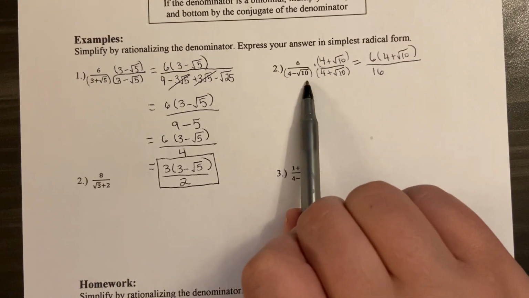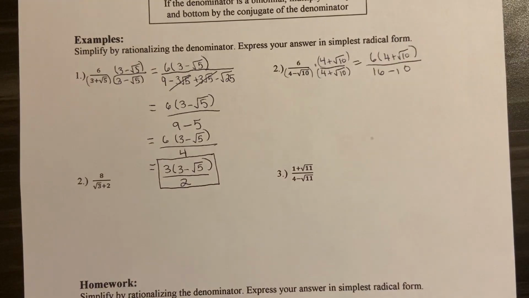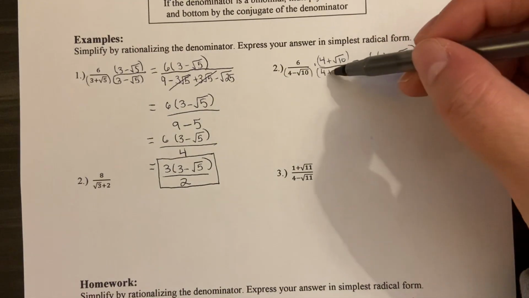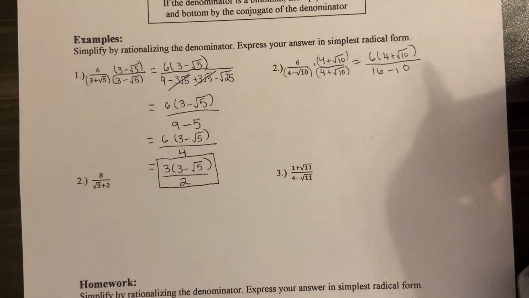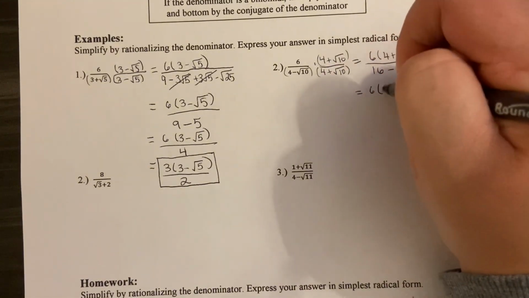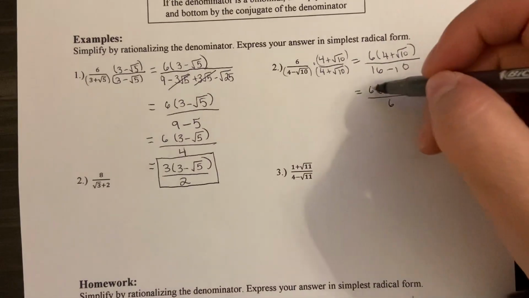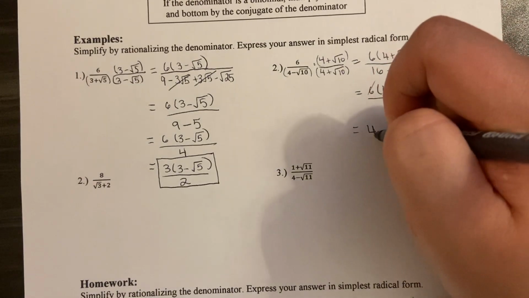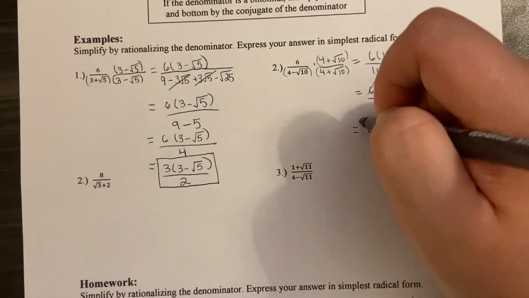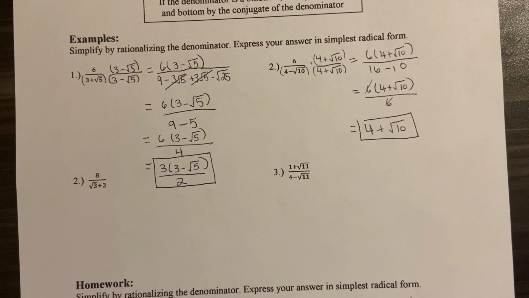Negative radical 10 times a positive radical 10 gives me just minus 10, because the radicals cancel each other out, and a positive number times a negative gives me a negative number. So now I simplify the bottom, and these 6's actually cancel each other to give you 1. So your final answer would just be 4 plus radical 10. Radical 10 cannot be simplified, so that would be my final answer.